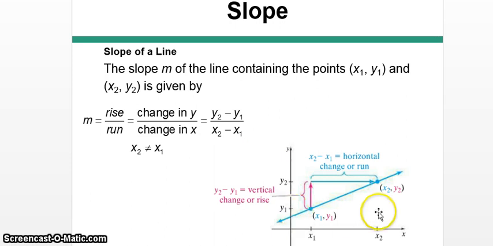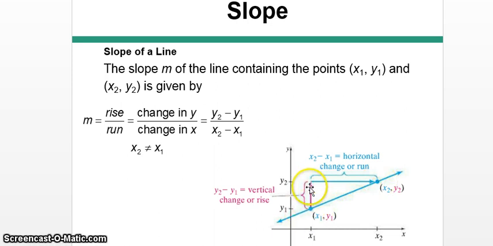Look at this diagram. In this rectangular coordinate system, this is a line, and on this line (x1, y1) is a point, (x2, y2) is a point here.